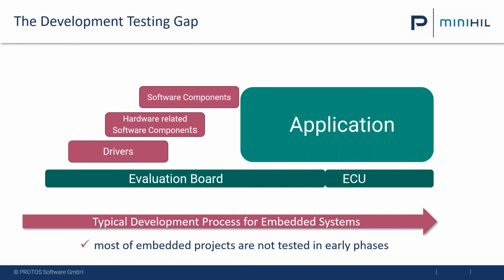You develop your drivers, you configure your drivers, then you create hardware-related software components, such as a motor control, battery control, bus system protocols, low-level protocols, and so on. On top, you have your software components. You integrate everything to an application. And then eventually the hardware is done and you go to a real ECU, to the real hardware, and you integrate this with your real hardware.